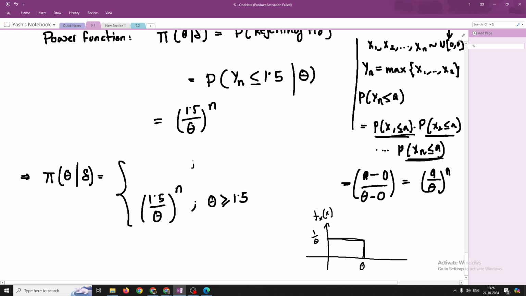Now if your actual theta is here and you draw samples from this distribution, it is impossible to get a value that is here, because you can't get a value which is beyond theta. And similarly, you are always guaranteed to get a value which is to the left of theta, right? You are always guaranteed that.